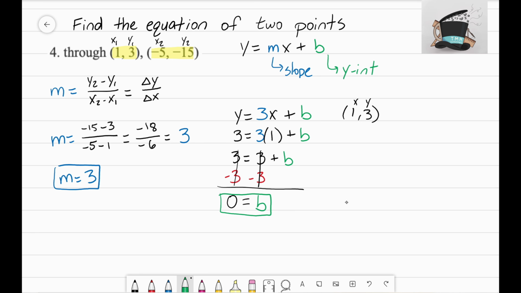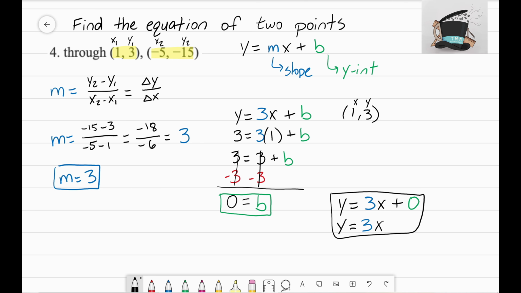So y equals, well, my m we found was 3, so I have 3x plus our b, which is 0. You can either write it like this, y = 3x + 0, or, because it's kind of redundant to write plus 0, you could just write y = 3x, and that would also work. Both of those are valid options.